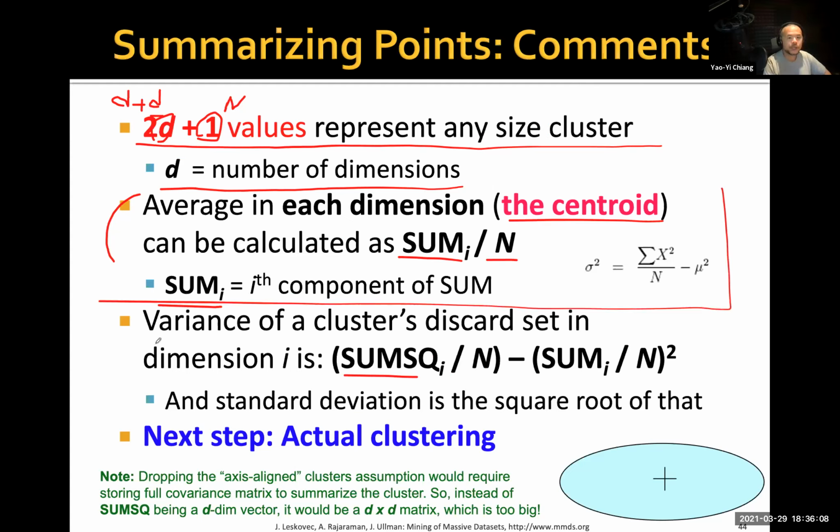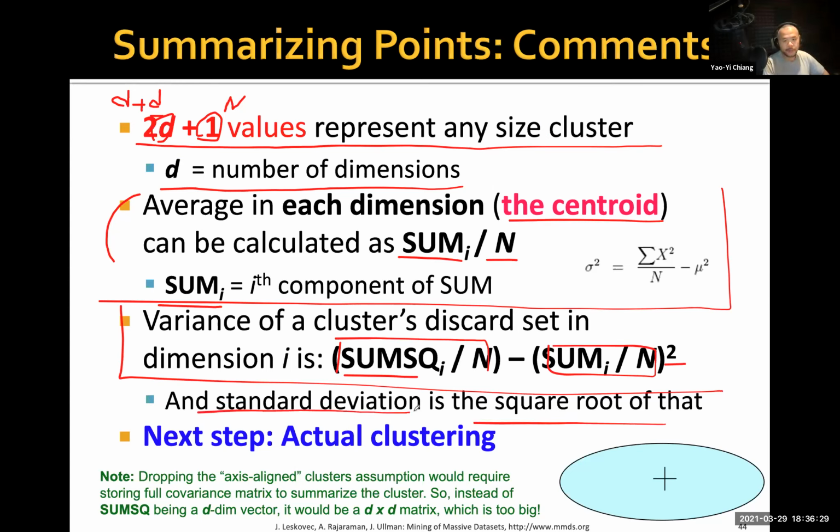You can also calculate the variance by taking your sum square divided by n, minus sum divided by n, squared. Then you can take the square root of this variance, and you have the standard deviation.